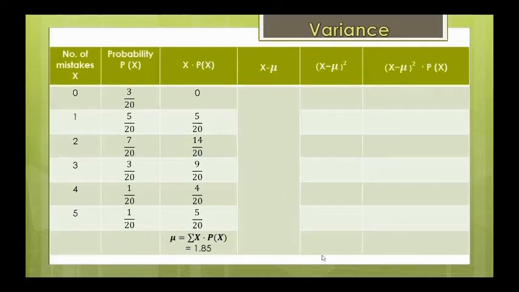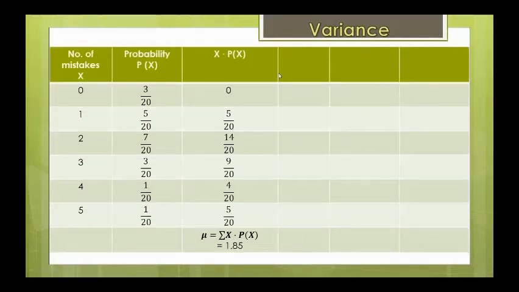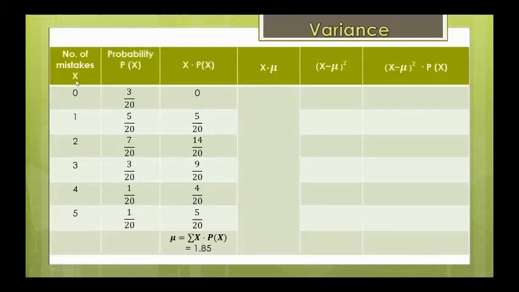To solve for the variance, kailangan natin mag-add ng more columns in the table yung ginawa natin kanina. So, ito yan. Yung first column dyan is the number of mistakes or the X, capital letter X, that is our random variable. The second column is the probability of the random variable. And the third is the product of the random variable and its probability. And then yung i-add natin na fourth column is ima-minus lang natin yung mean bawat value ng random variable natin.